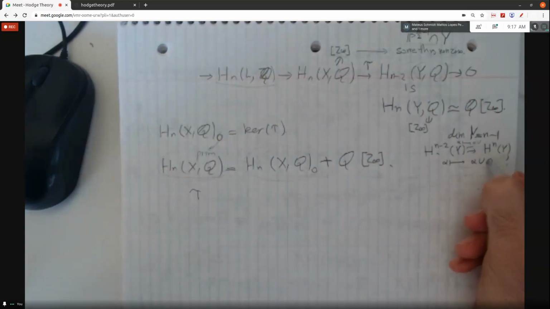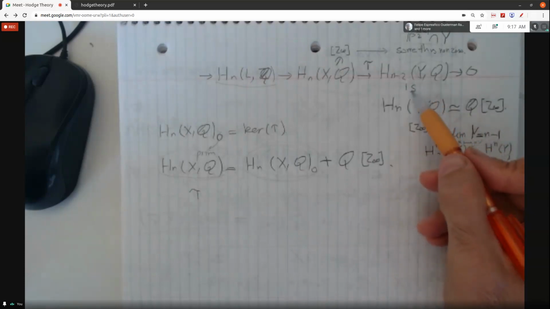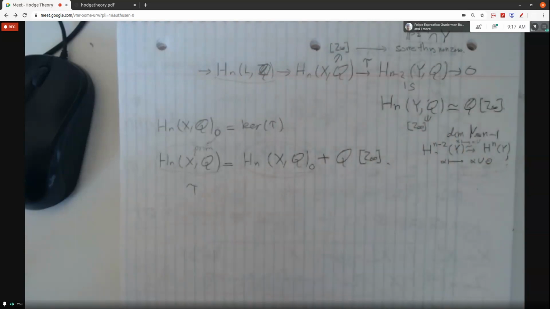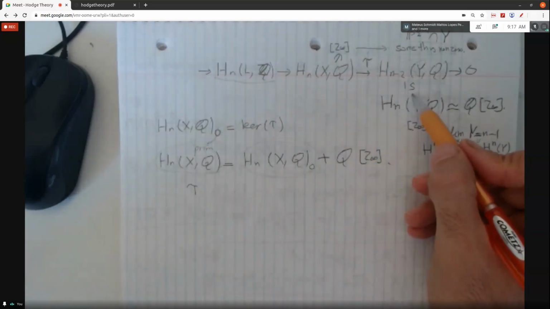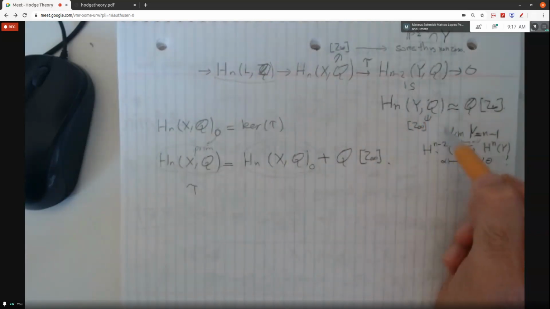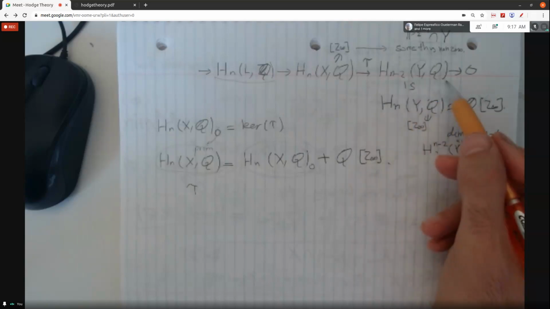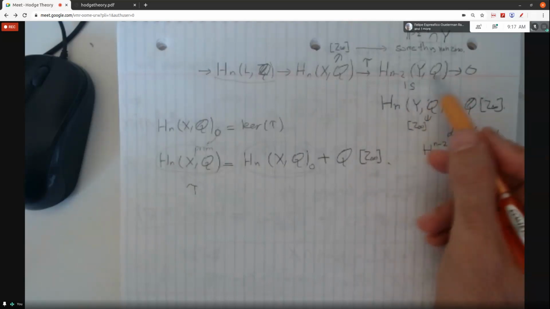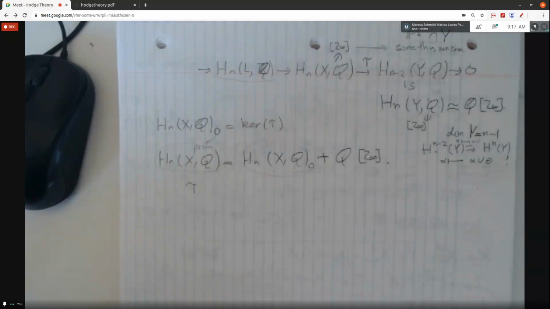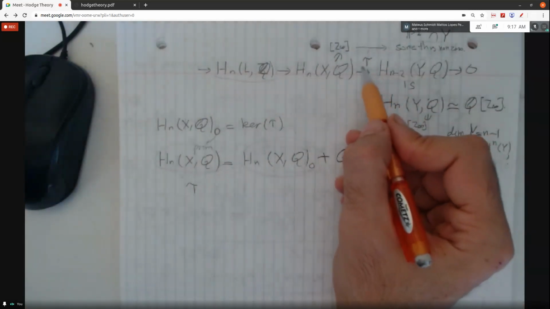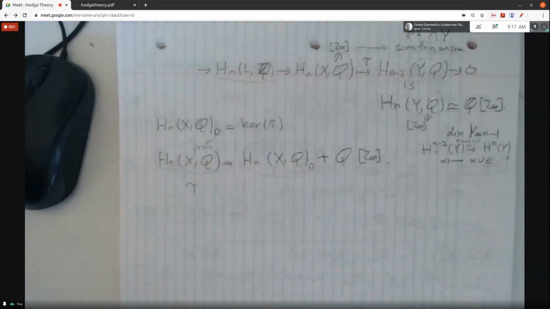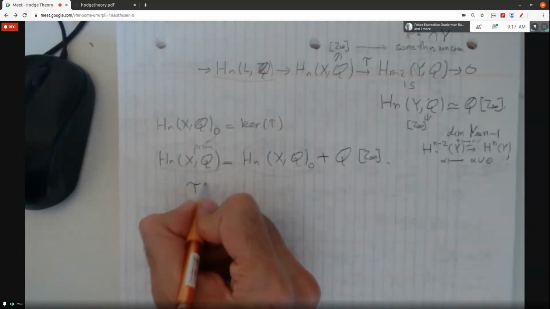I called it theta. Anyway, I will not use this one, but this isomorphism comes from the hard Lefschetz theorem. And by hard Lefschetz theorem, the cohomology below and above the middle cohomology are isomorphic by some cup product.